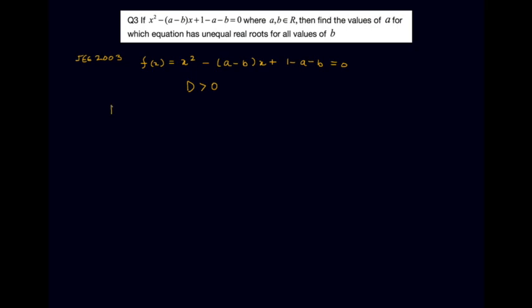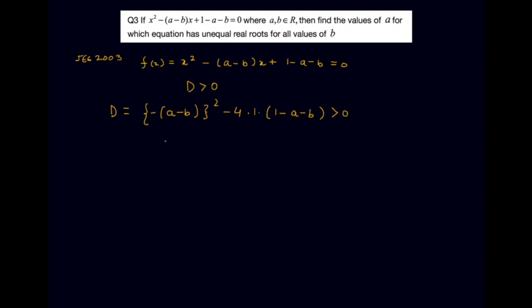So the discriminant of this quadratic equation equals to the square of the coefficient of x minus 4 times the coefficient of x square, that is 1, multiplied by the constant term 1 minus a minus b, and this value should be greater than 0.